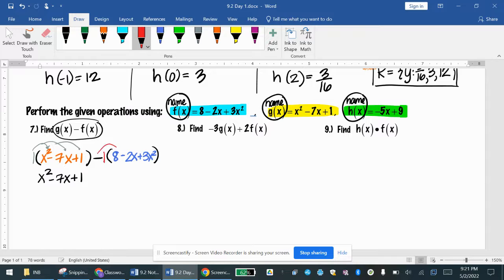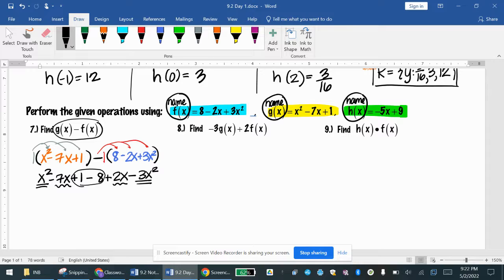However, this has a -1, so when you multiply something by -1, all the signs change. So the positive 8 becomes a -8, the -2 becomes a +2, and the 3 becomes a -3. And then don't forget to include the variables. And then we just combine like terms. Okay, so what should the final answer be?